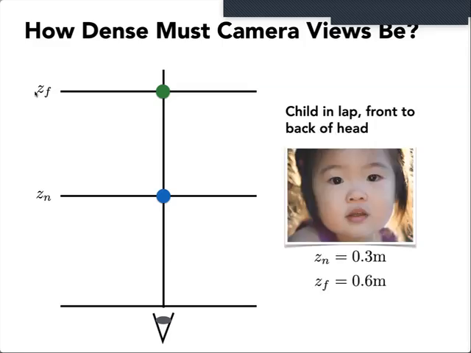For example, in the child in the lap example, an intimate VR situation, front to back of the child's head is say 1 foot to 2 feet away. That'd be like 0.3 meters for z sub n and 0.6 meters for z sub f, just to give some numbers.